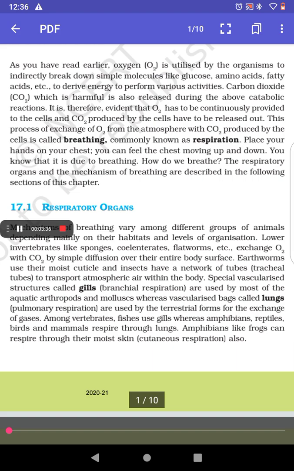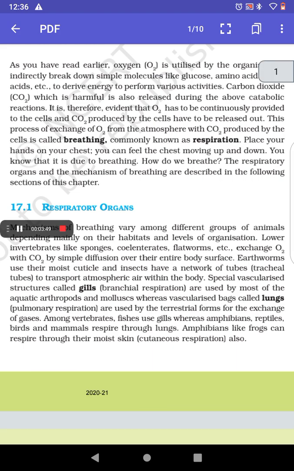Gills are used by most of the aquatic arthropods and mollusks, whereas vascularized bags called lungs, which is called pulmonary respiration, are used by the terrestrial forms for the exchange of gases. First of all, branchial respiration means gills, and pulmonary respiration means the lungs. This is what you have to be clear of.